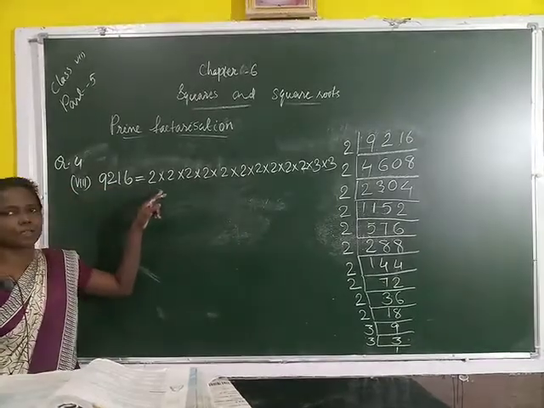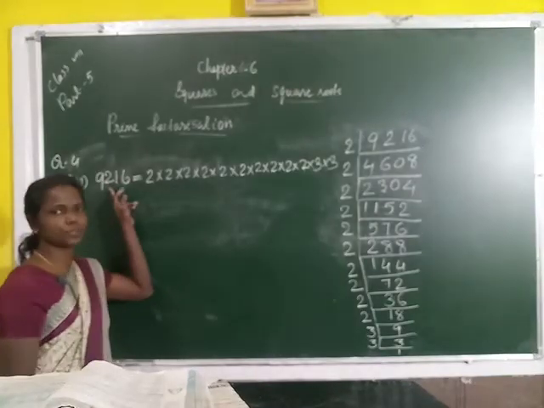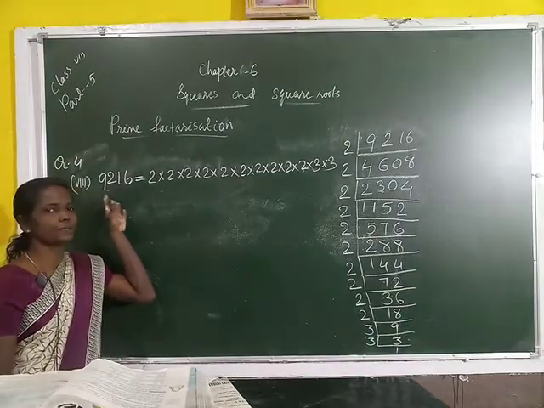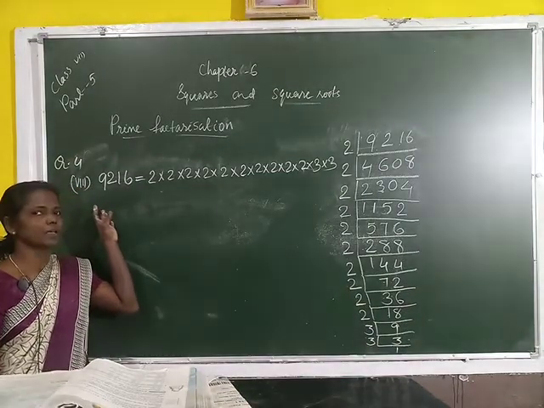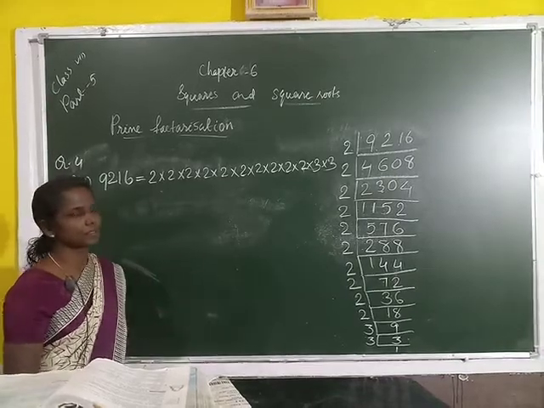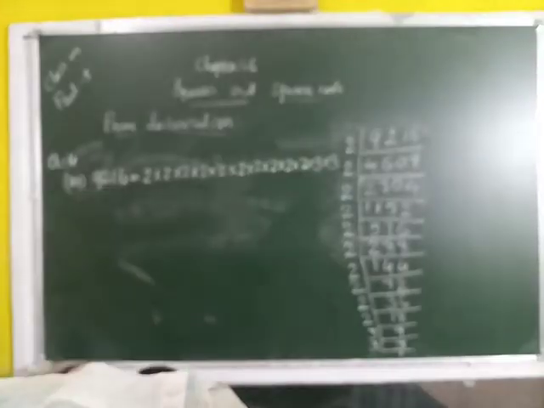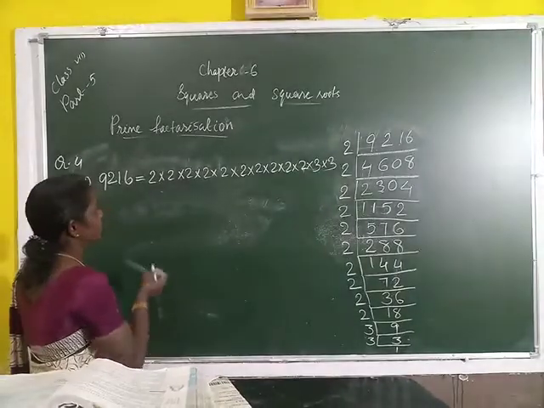These are the prime factors of 9216. First we find the prime factors of 9216. Then next step, making pairs.